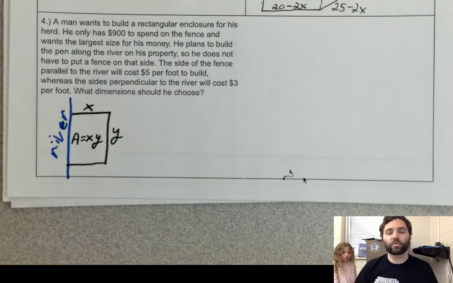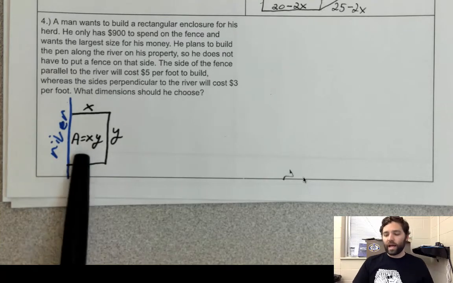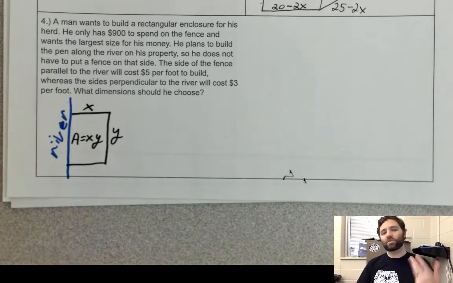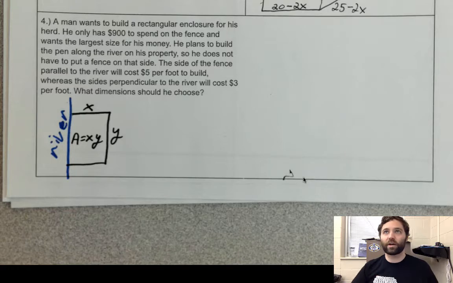And what we're trying to do is maximize the area. Now, you can see that I have area equals x times y. That's two variables. And the function that I would be trying to graph would be A, because I'd want to maximize A, or A of x, the function for area.